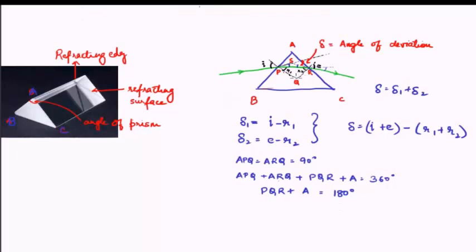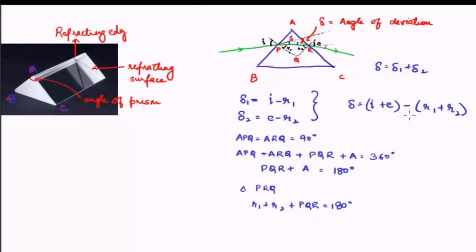Now if we look closely at the triangle PRQ, the sum of the angles of the triangle will be 180 degrees. Therefore, in triangle PRQ, R1 plus R2 plus PQR is 180 degrees. This angle plus this angle plus this angle is 180 degrees.